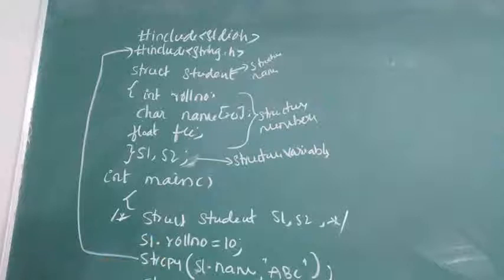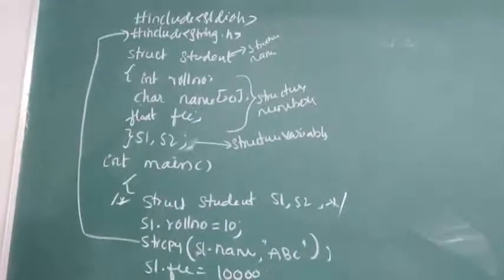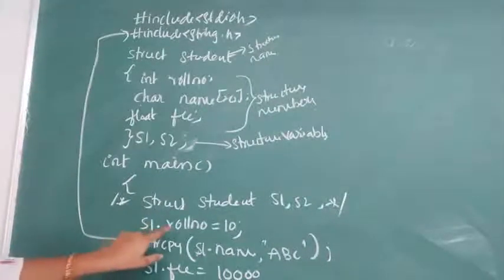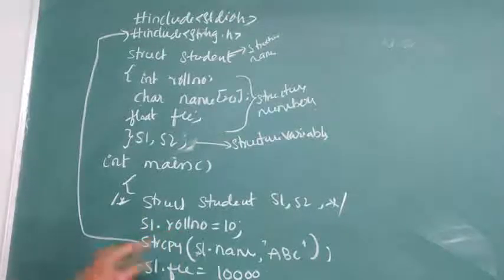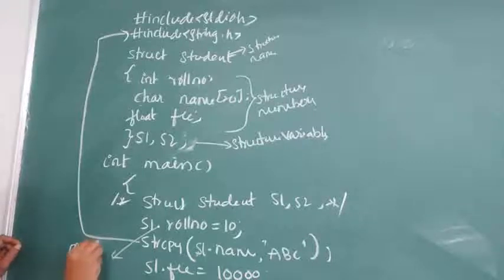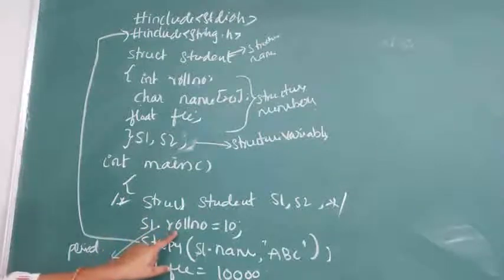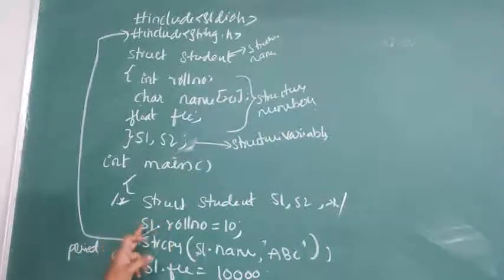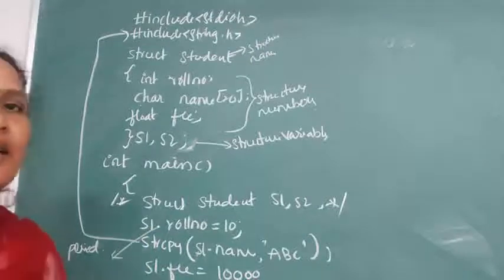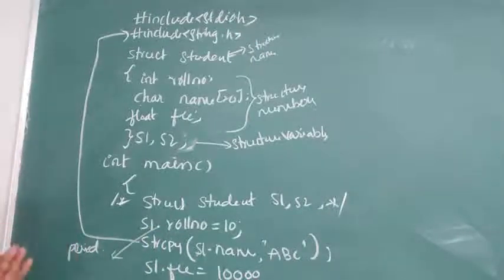Whenever any variable is accessing a structure member, that variable and the structure member should be separated by a dot. So this is a member, this is a variable. Now I assigned the values to the structure members.